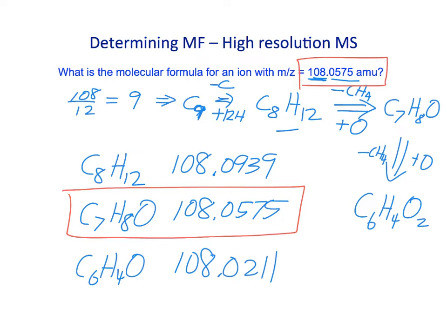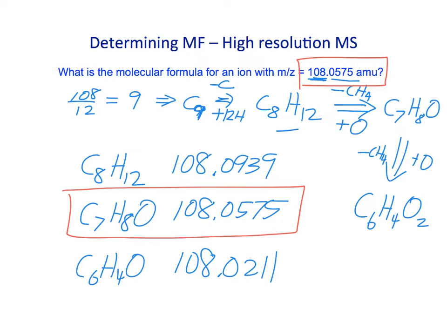Question: in plants, they have a different C12 to C13 ratio. Wouldn't that throw this off when trying to find the molecular formula? Okay, so in plants there is a slightly different ratio of carbon-12 to carbon-13, and in fact this can be used to follow biosynthetic pathways and for carbon dating.